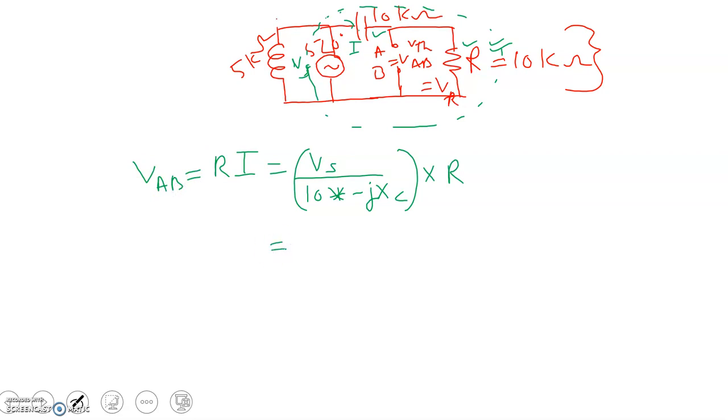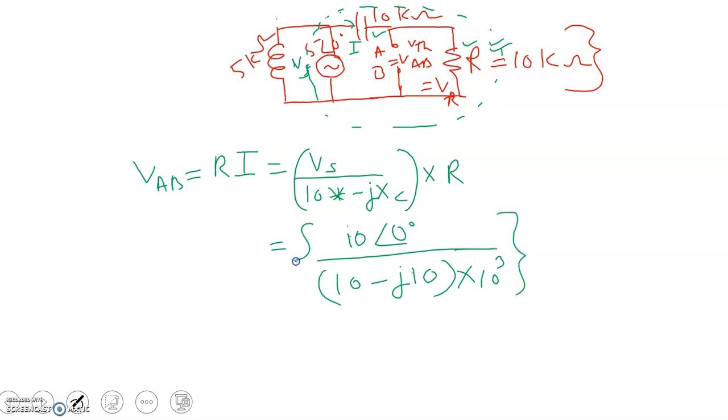So if I write down the values, this is 10 angle 0 degrees divided by 10 minus j10. Please remember 10 to the power 3 is also included because they are in kilo ohms. So this times 5 angle 0 degrees.